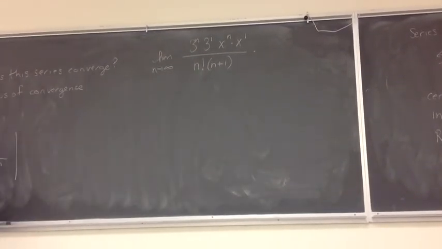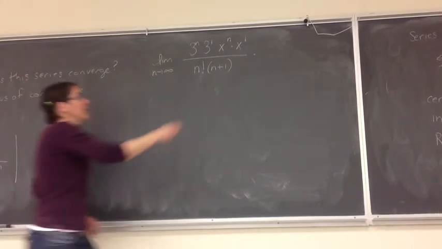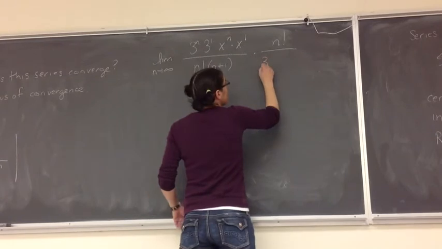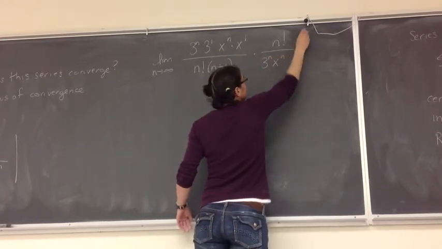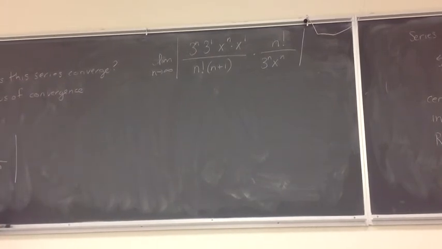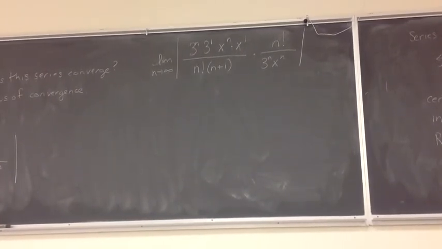So all of my rewriting happened on the n plus first term. The nth term I'm just going to write as n factorial over 3 to the n times x to the n. Any questions about that part? Rewriting about the n factorial or any other part about it?